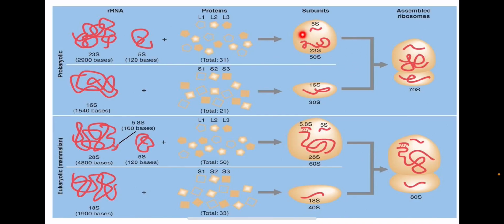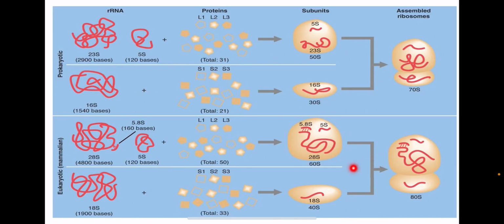I'm not sure we have those diagrams here, but the rRNA during processing is cut into different subunits. The small one is the 5, the intermediate is 16, and the larger is the 23. The 23 and the smallest are found in the larger subunit of the ribosome, and the 16S, which is the intermediate, is found in the smaller subunit of the ribosome.